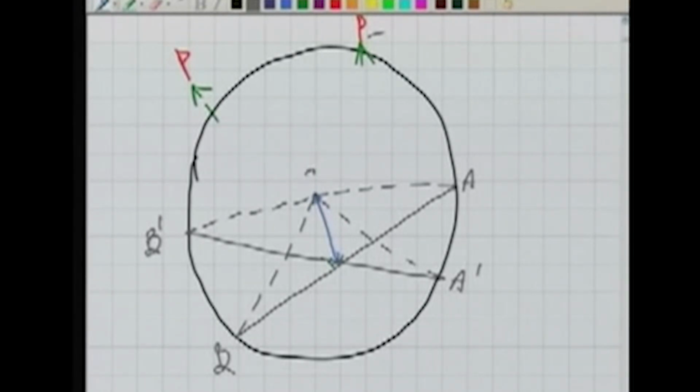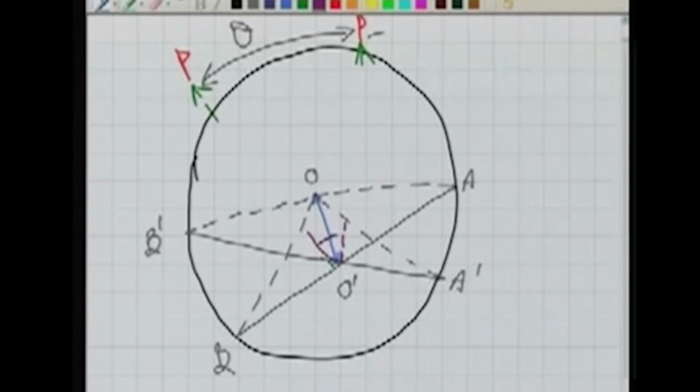So if this is point O and this is O dash, what happened actually? The angle between these two, if it is theta, and as we saw over here also, this was angle theta.